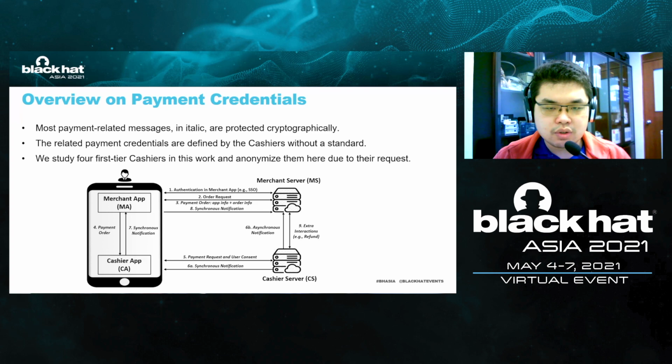In this work, we studied the credential leak issue for 4 first-tier third-party cashiers. These cashiers serve over 1 billion end users globally. However, according to the requests from these cashiers after our responsible disclosure, we will not release their names and just use cashier 1 to cashier 4 to denote them in the following slides.